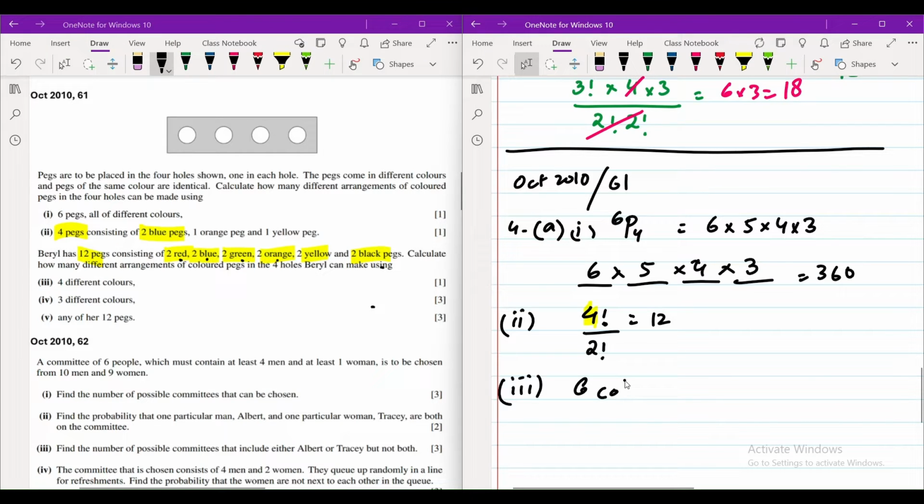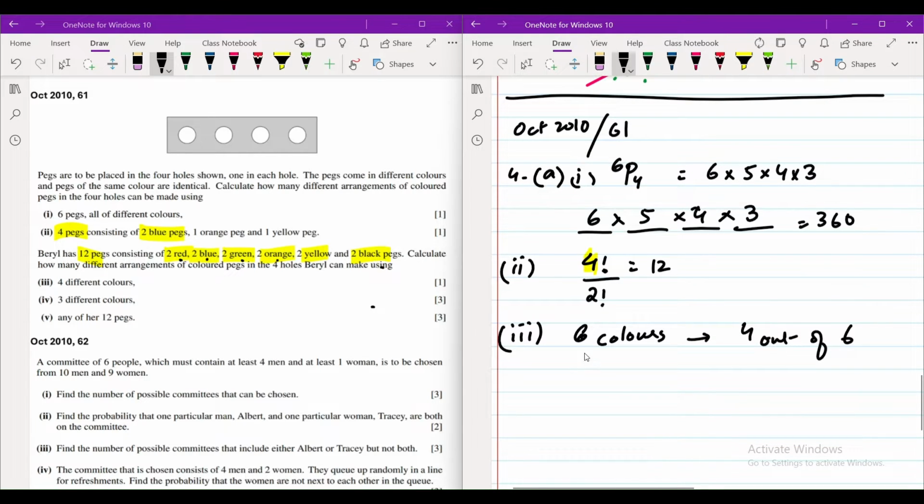So I have 6 colors, and I can only choose 4 out of those 6, and I can only choose one of each. Again, I have 6 colors to choose from, and I can only get 4 colors, and I need to arrange them. So this is like 6P4. Same thing as over here, that will be 360 also.